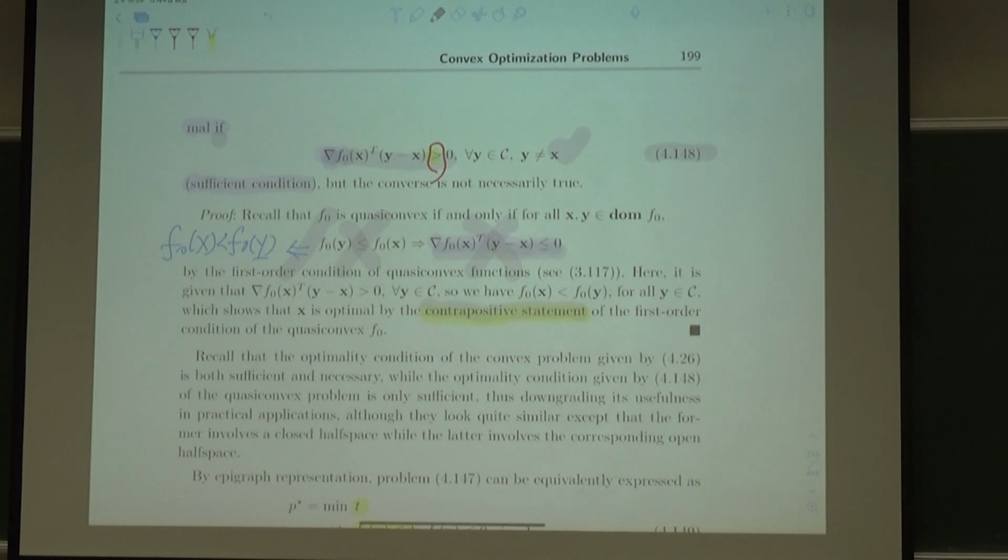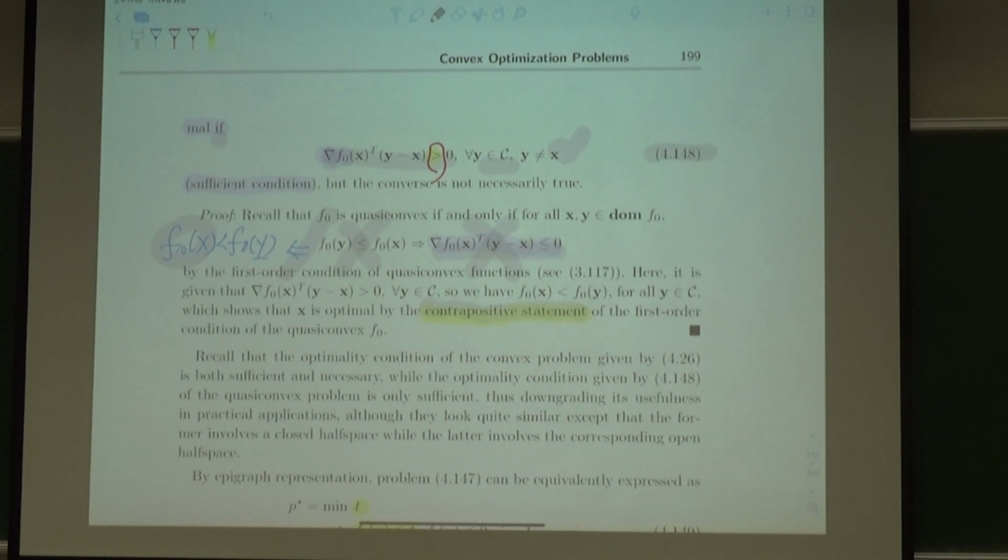This is not true means f0x is strictly less than f01. Right? So this is the optimal solution, for all y in C, y not equal to x. So this is the optimal solution.